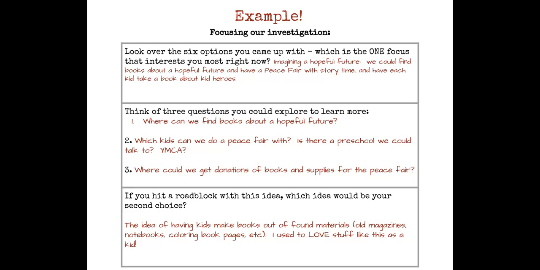We could go back to this worksheet and say, well, we can't do that one, but we could maybe do the campaign where we have kids make books out of used materials. Like, that would be easier. So then we're going to go through and say, here's our second choice idea. If the first one, we run into a roadblock, and if we run into a big roadblock that we can't get past with our second idea, we've got 4 more to go back to.